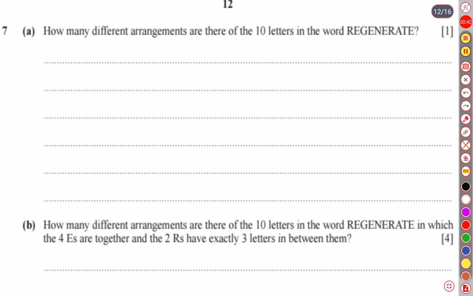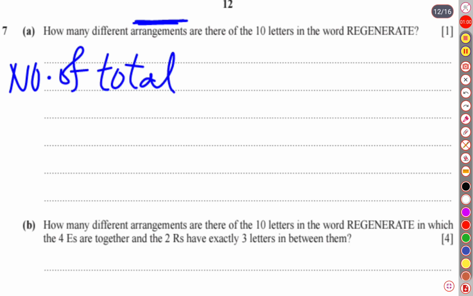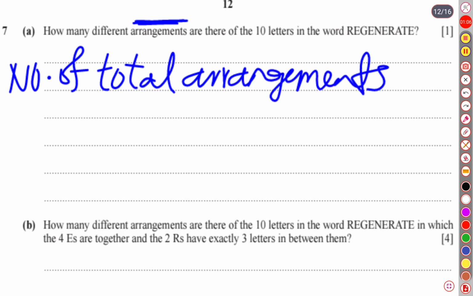So, this is well known to us that for arrangements we apply the concept of permutation. That's why we can simply write number of total arrangements. For the arrangements we apply the concept of permutation.